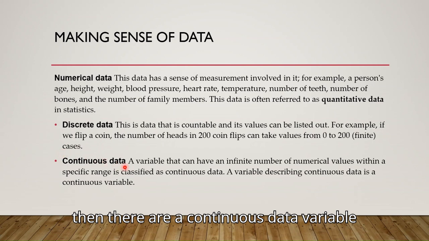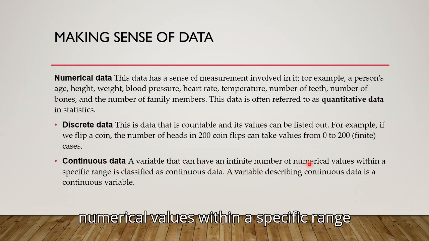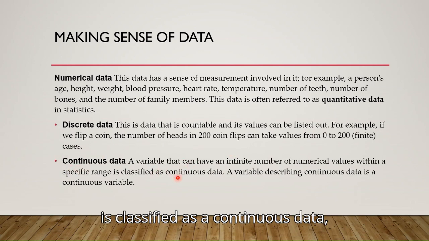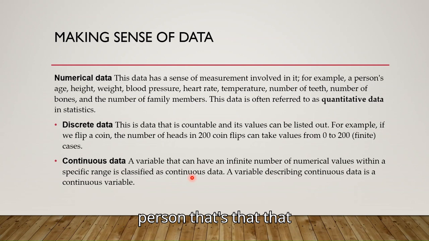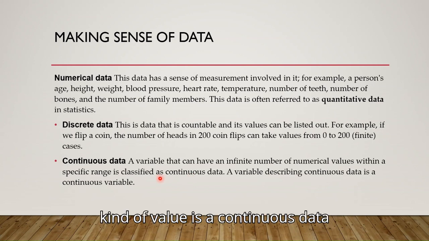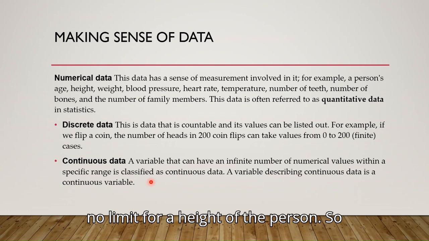And then there is continuous data. A variable that can have an infinite number of numerical values within a specific range is classified as continuous data. For example, the height of a person, the weight of a person. That kind of value is continuous data, because there is no limit for the weight of a person, and no limit for the height of a person.